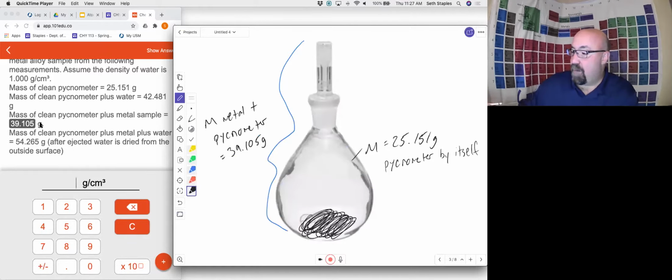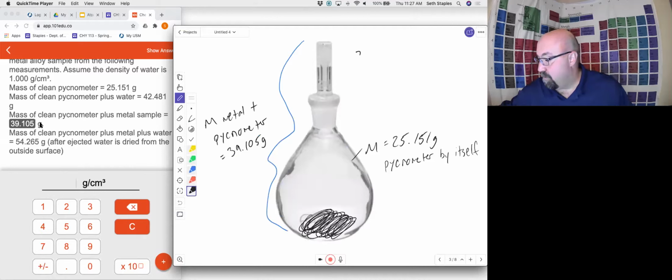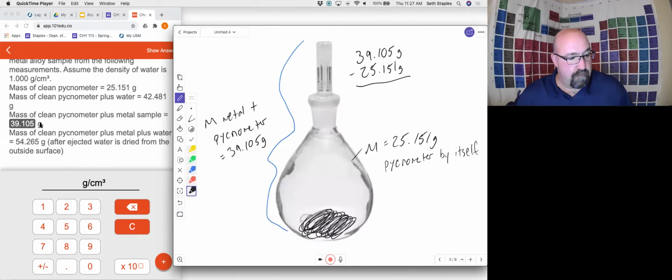And so we have now our mass of the metal plus the pycnometer. We have the mass of just the pycnometer. And so what do we do to find just the mass of the metal? We subtract. So we have our 39.105 grams, the mass of the two of them combined, minus 25.151 grams for a mass of the metal sample of 13.954 grams.